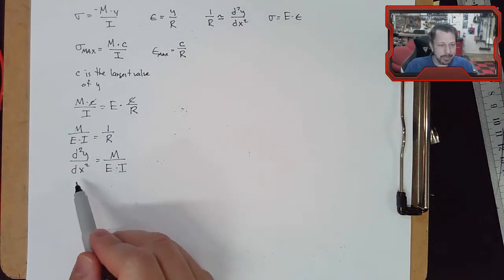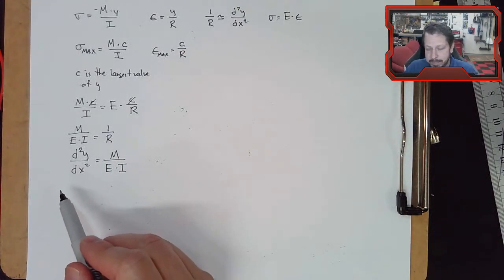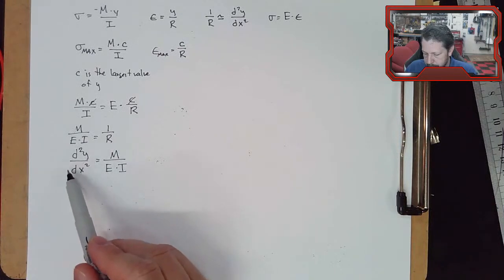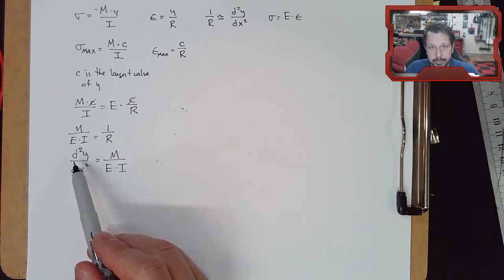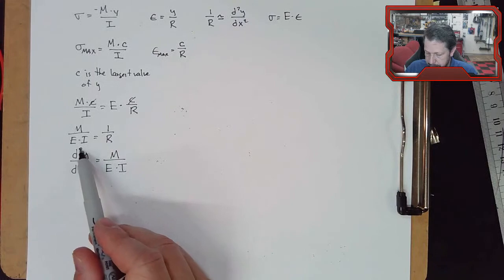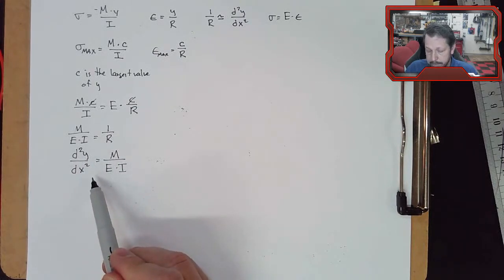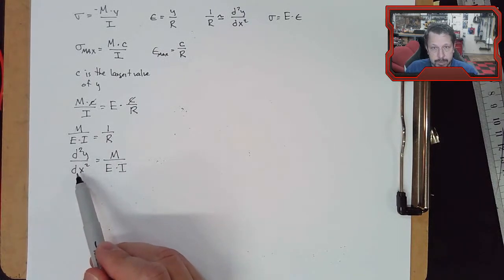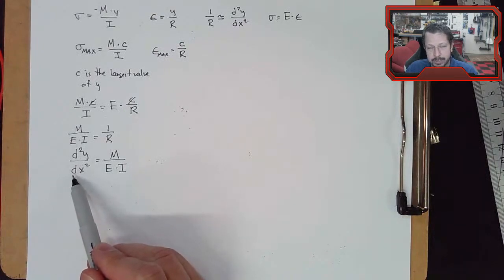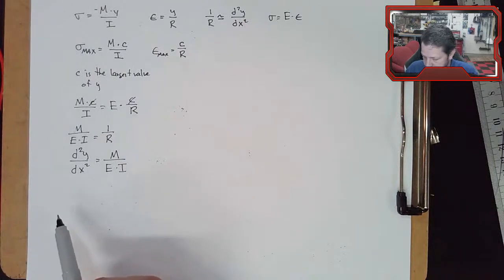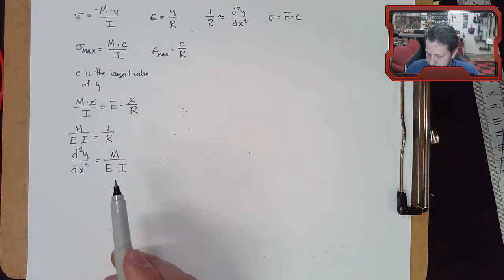So I've got something here. It's not the equation of the elastic curve, but the equation of the elastic curve is y of x. So if I integrate this once, I will get dy/dx, which is the slope. If I integrate the slope, I will get y of x, which is that deflection. So I just had to integrate this thing twice.